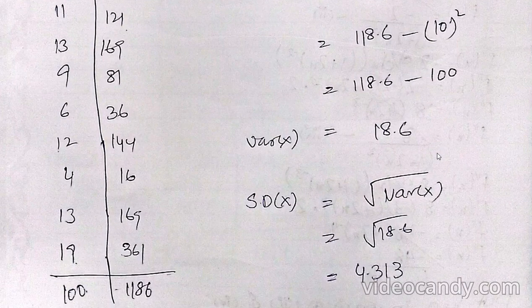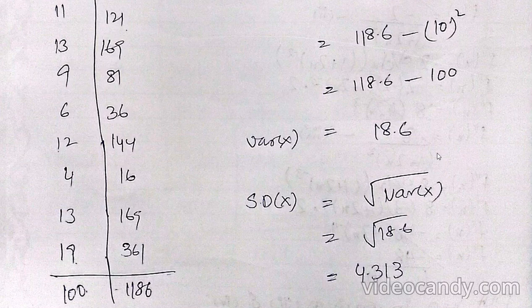Now, what is standard deviation? What is the relationship? It is just the square root of variance. Standard deviation is the square root of variance, and vice versa.